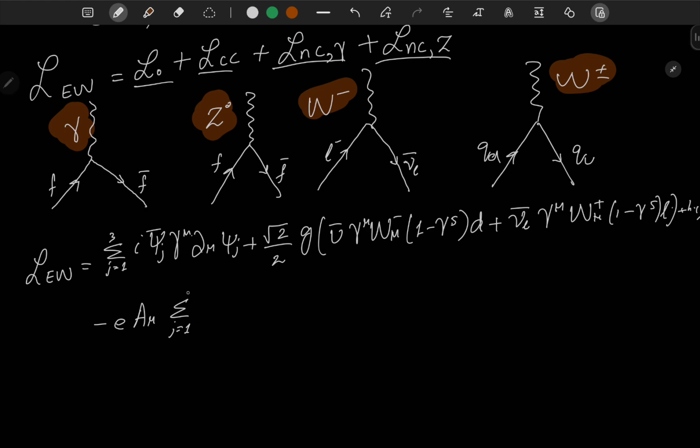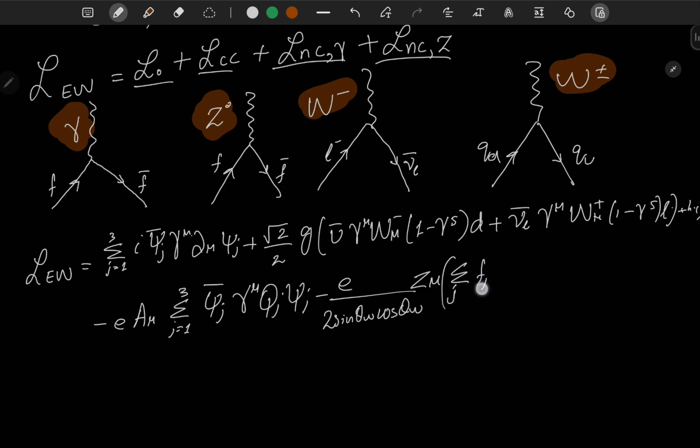So this is the term corresponding to the neutral current mediated by the photon, and lastly the term, okay, I'm going to write minus here. This is the last term, which corresponds to the neutral current mediated by the Z boson.